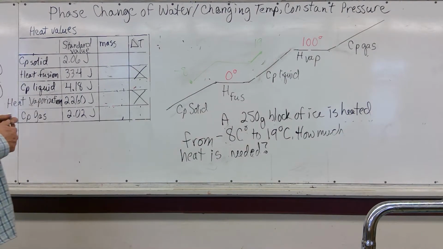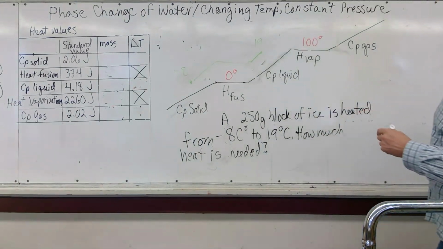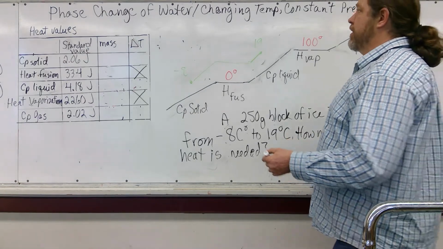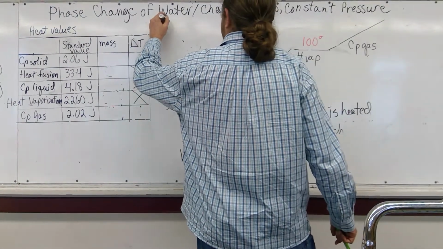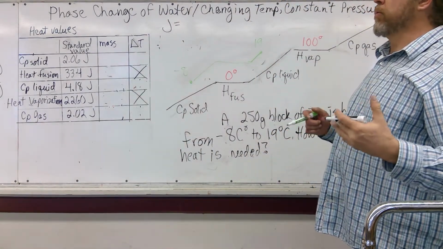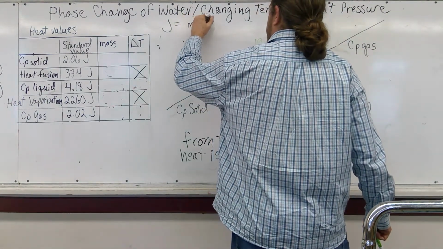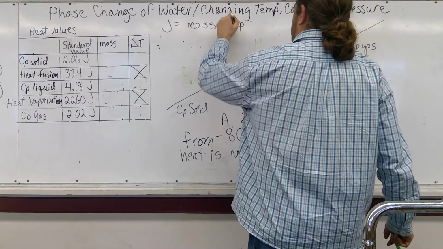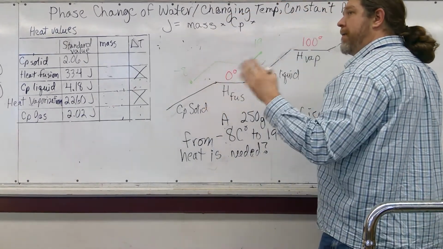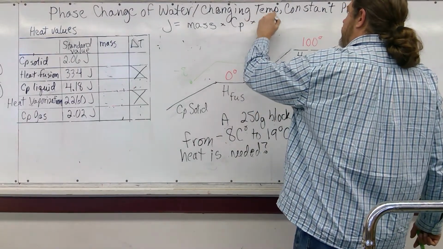As we know, based on a calculation that's found in your reference sheet, if we are at a particular phase of a substance, then the amount of energy in joules that is required to heat or cool that substance is the substance's mass times a constant value, depending on what phase we're in and what the substance is, times the change in temperature.